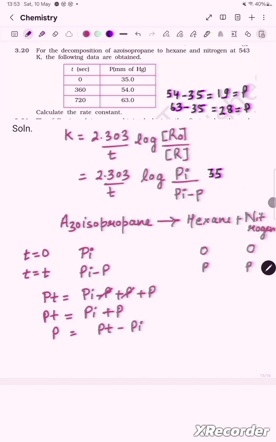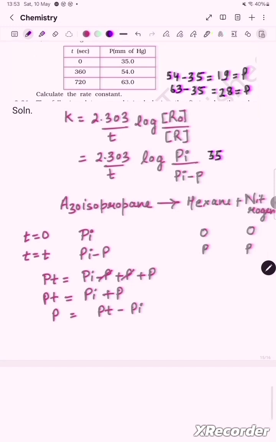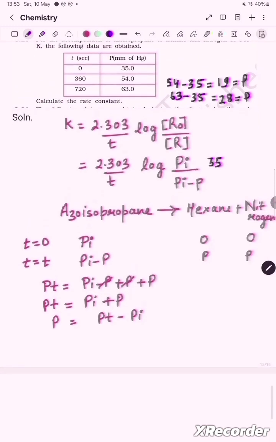Now we get two pressures. The first is 19, so we put this value in the equation at time 360 seconds. Time is 360 seconds, initial pressure is 35 and P value is 19.